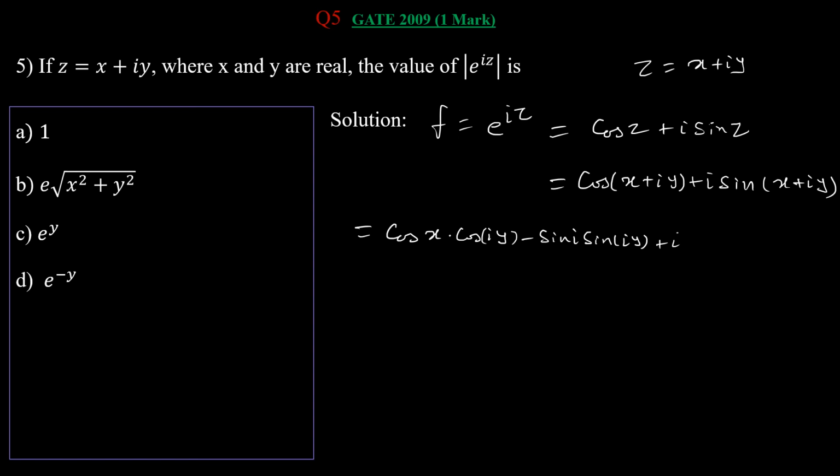So it is sin x cos iy plus cos x sin iy that we can write. So we must know that sin i theta is i sin hyperbolic theta.